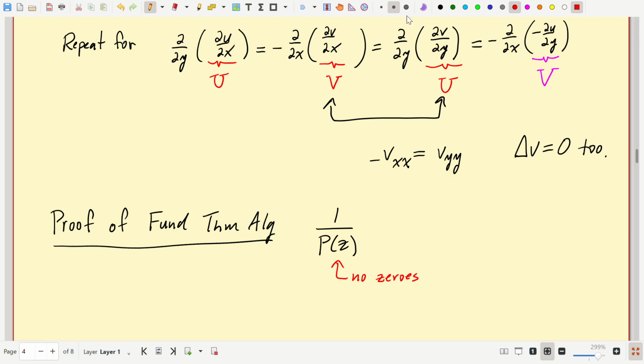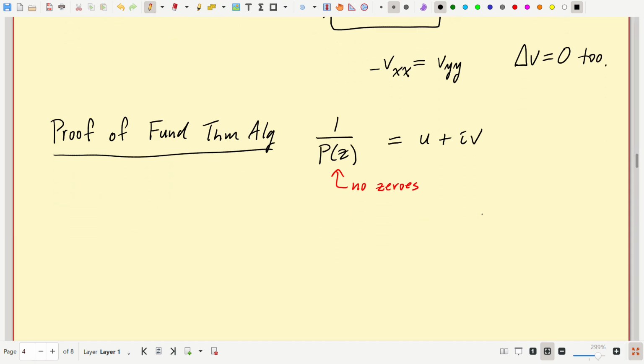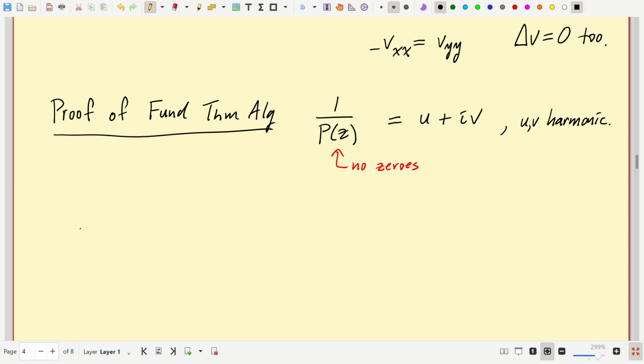It's infinitely complex differentiable, so that's going to be equal to u plus iv, where these u's and v's satisfy the Laplace equation. They're harmonic. So we know now that the u and the v are harmonic. Harmonic functions satisfy the averaging property. That's something we showed using Green's theorem.